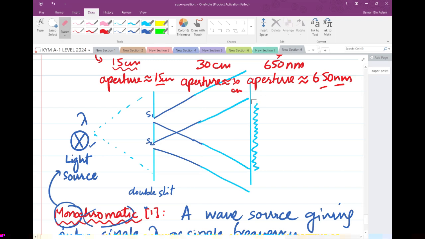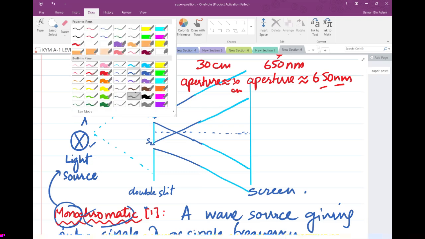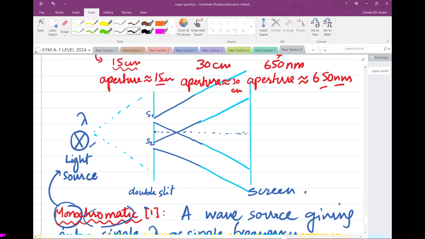In this area, what are we going to observe? Whatever I show you is going to stay the same. This is basically an observation, considered to be a scientific fact. When you look at this screen where the lights are actually meeting, you will see that exactly at the center, right in front of the center of S1 and S2, you will observe a very bright spot.